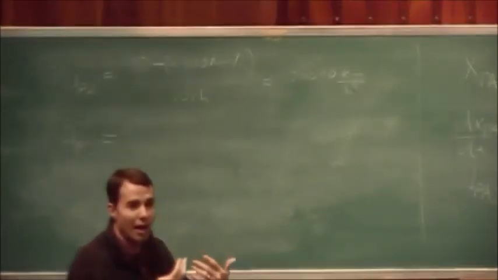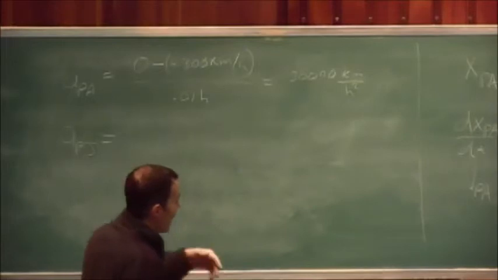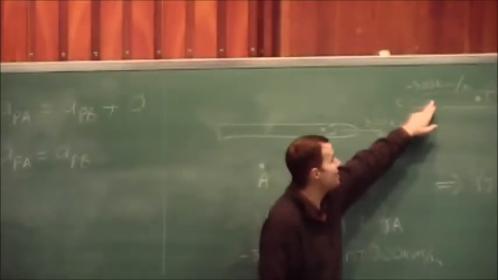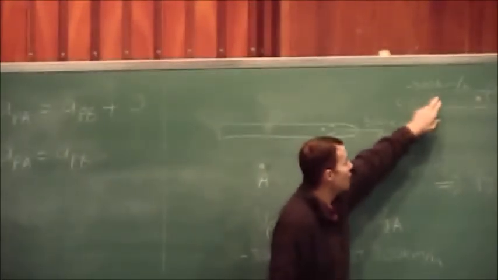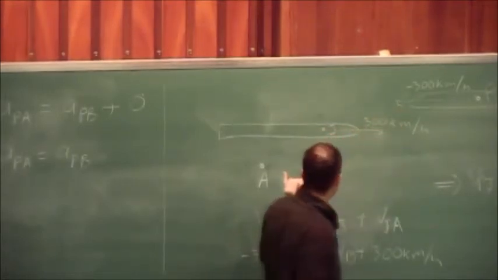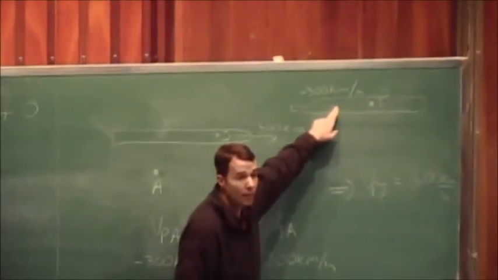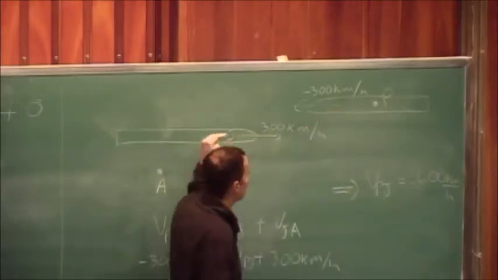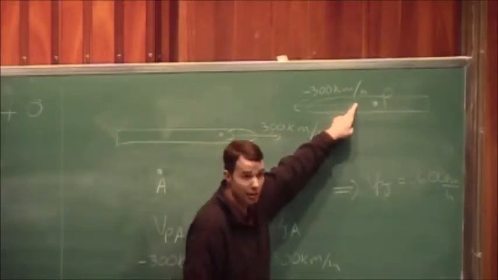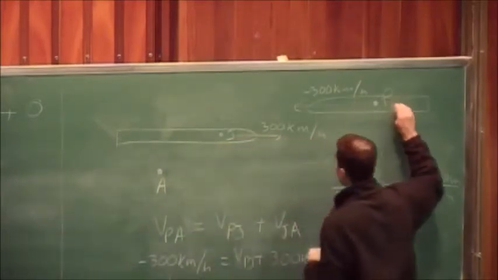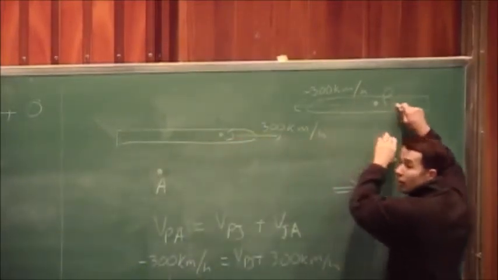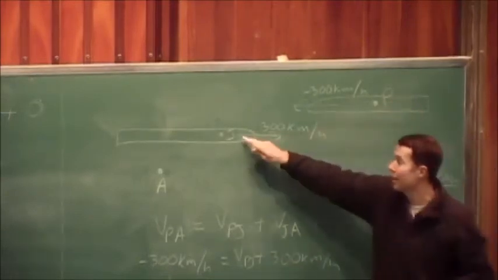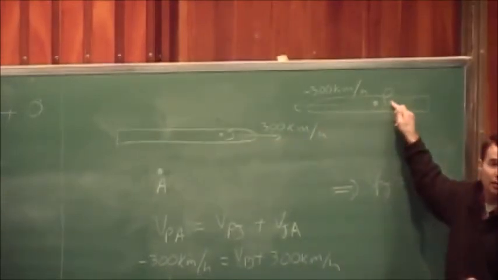So I'm actually considering my rest frame, in which I'm moving here at 300 kilometers per hour. So how fast is this moving when in Alex's rest frame this is 0? So I'm going 300 kilometers per hour, but this is moving at 0 now. Right? So let's say this is not moving at all with respect to Alex, but I'm going 300 kilometers per hour. How fast, in my frame, does this look like it's moving?